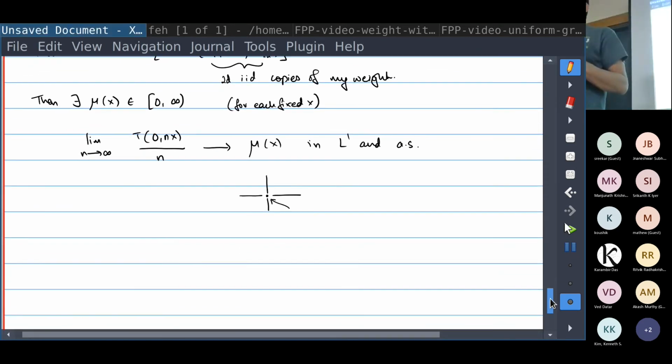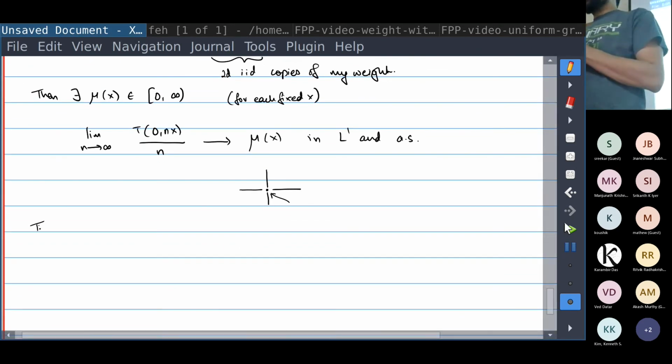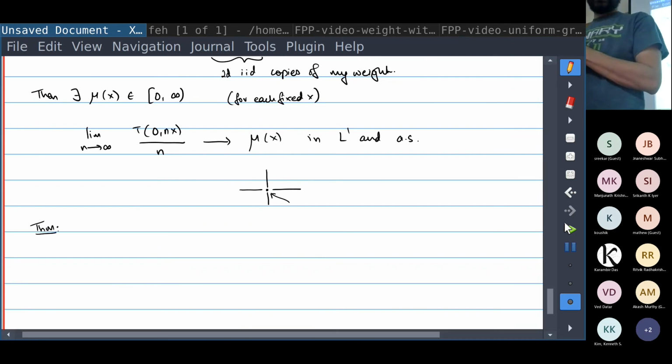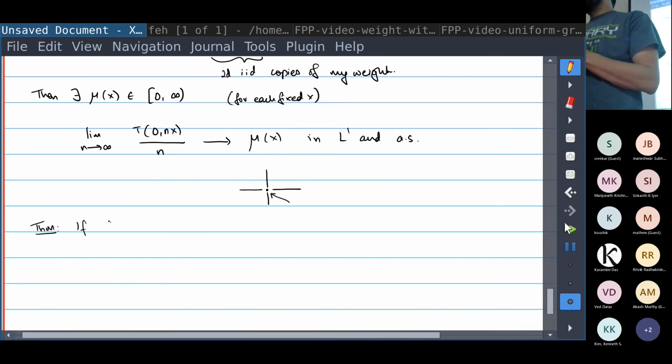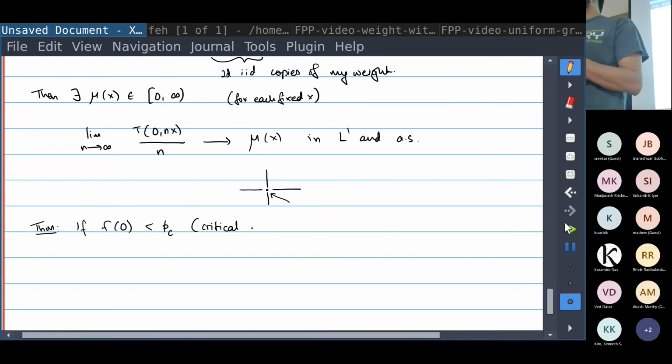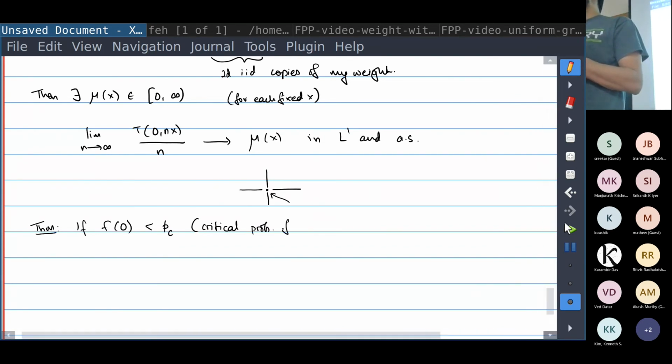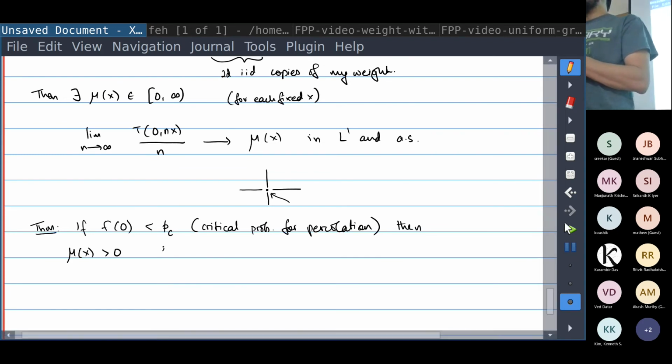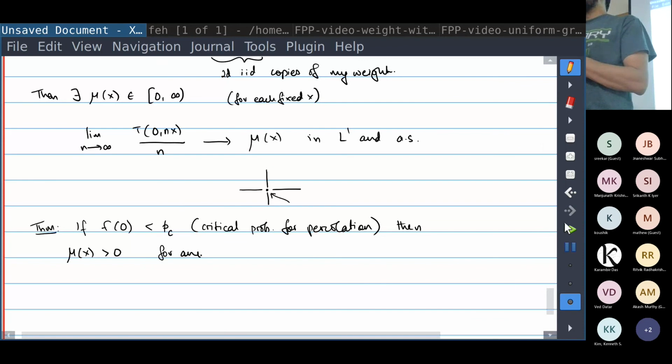So, Kesten also proved a remarkable theorem, I think, that if F(0) is smaller than p_c, which is the critical probability for percolation, I'll explain this in a second, then in fact, mu of x is bigger than 0 for any x not equal to 0.